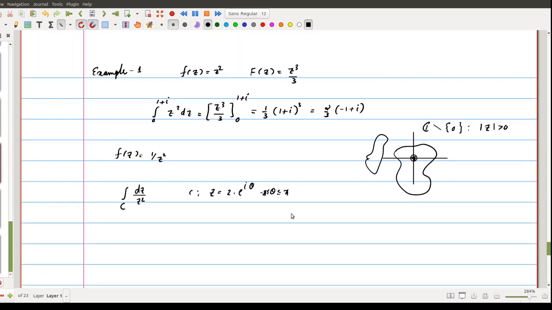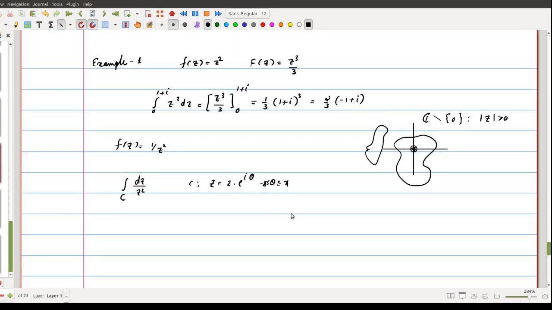So this is the integral of this f of z. Even though it is not analytic at z equal to 0, we can consider the integral of this, because in our domain this function is analytic. So the value of this is always 0.